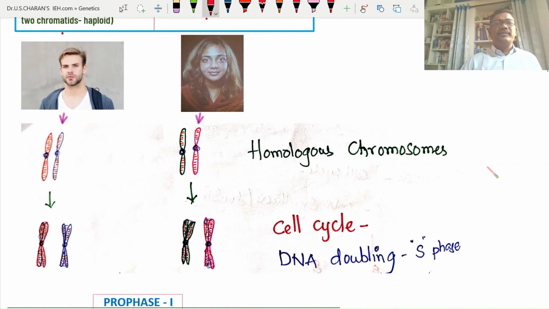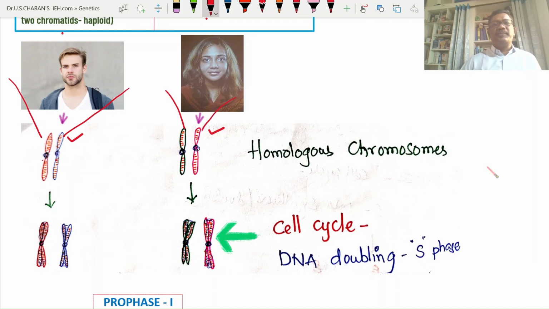The father and the mother. The father contains homologous pairs of chromosomes, and the mother contains homologous pairs of chromosomes. Actually, these homologous chromosomes present in the father came from his parents. From his mother, he got one chromosome, and from his father, he got another chromosome. She also got one from her father and another from her mother.